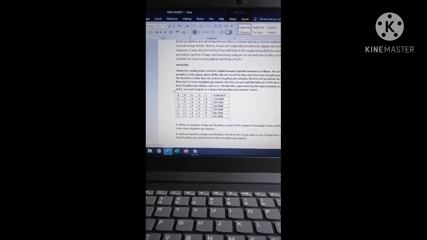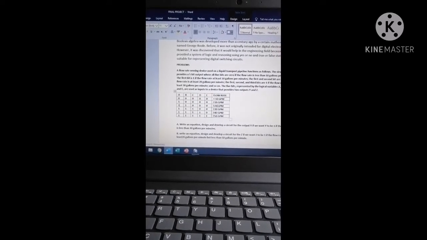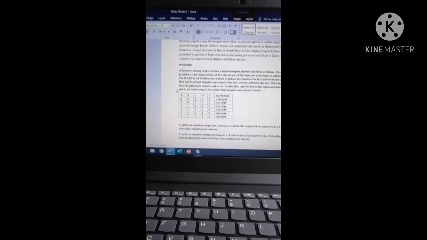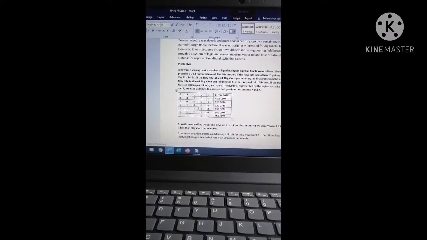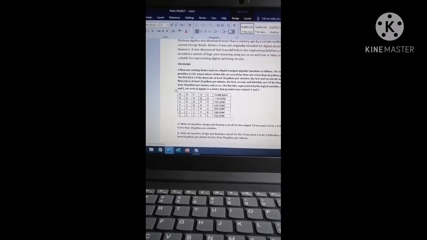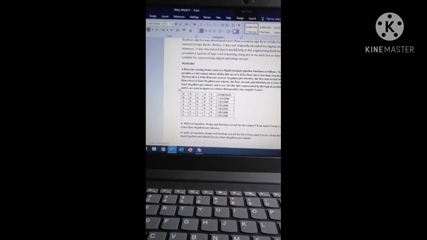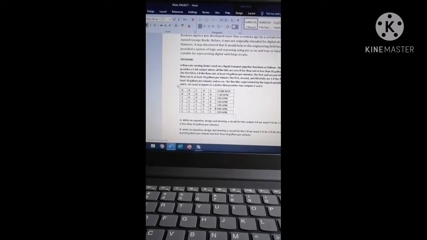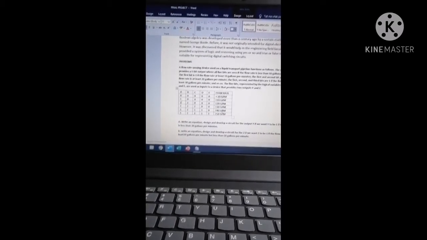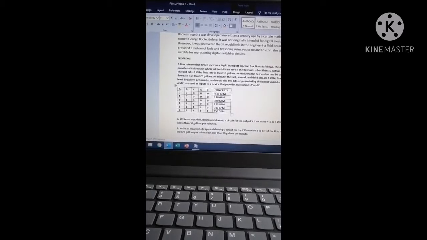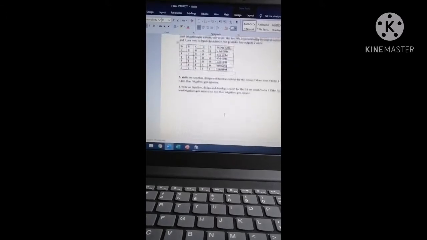The third is when AB is 1 and the rest is 0, at least 20 gallons per minute. The fourth is when ABC are 1 and the rest is 0, at least 30 gallons per minute. When ABCD is 1, the flow rate is at least 40 gallons per minute, and the last is when all bits are 1, the flow rate is at least 50 gallons per minute.